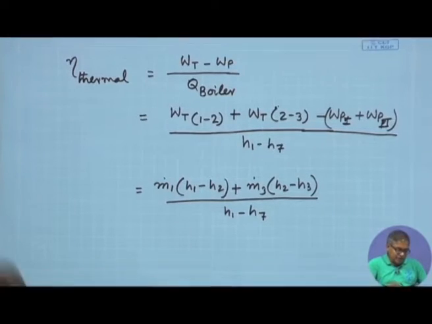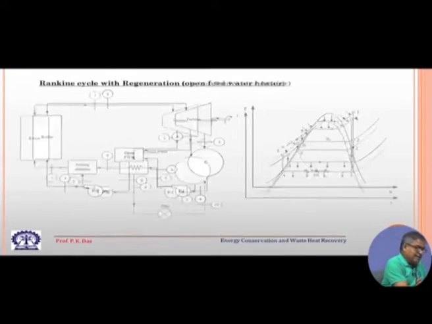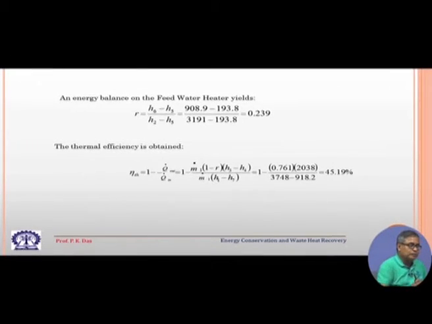So, we can calculate the thermal efficiency, but there is another way of doing it also. Thermal efficiency is equal to 1 minus Q dot out by Q dot in.